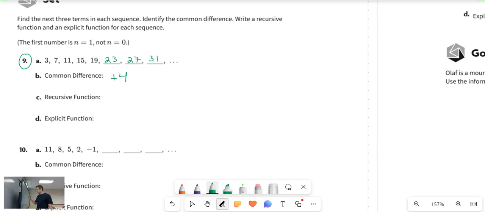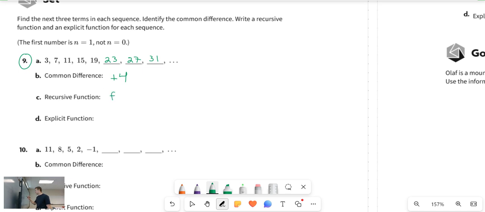Our recursive function, so we're going to say that f of n minus 1, that's the fancy way of writing the previous. We want now equals in terms of previous, so we're not going to start with that. We will include it, but we're not going to start with it.